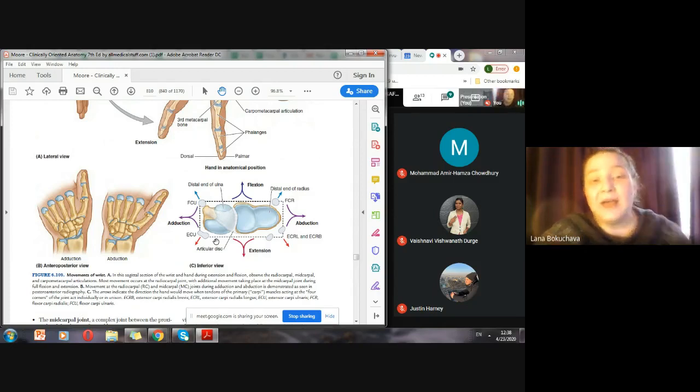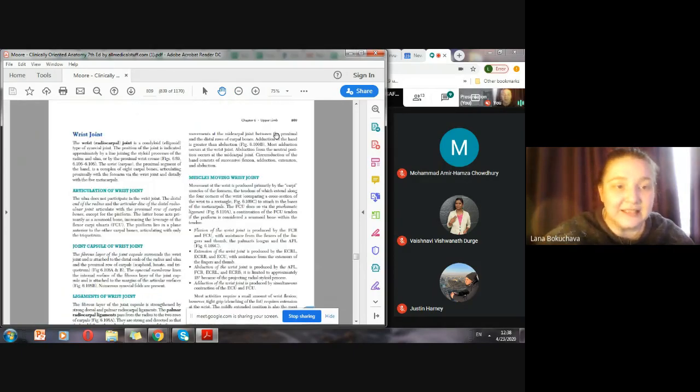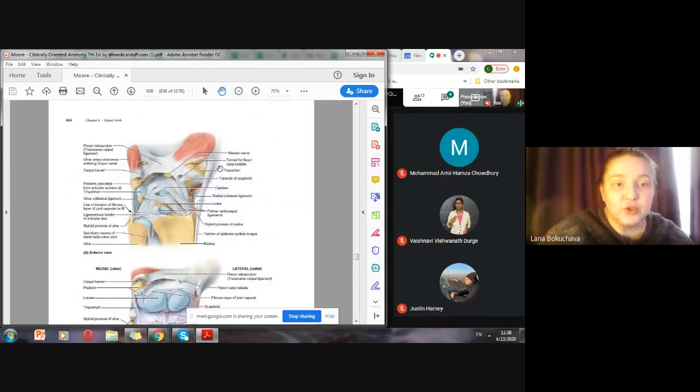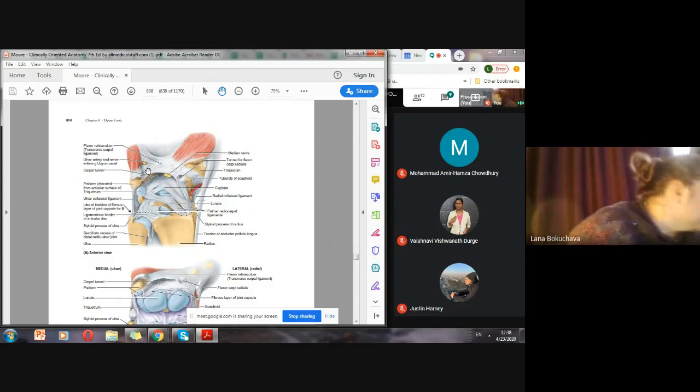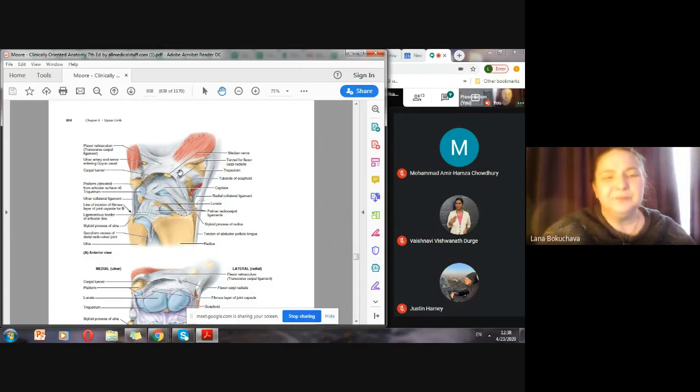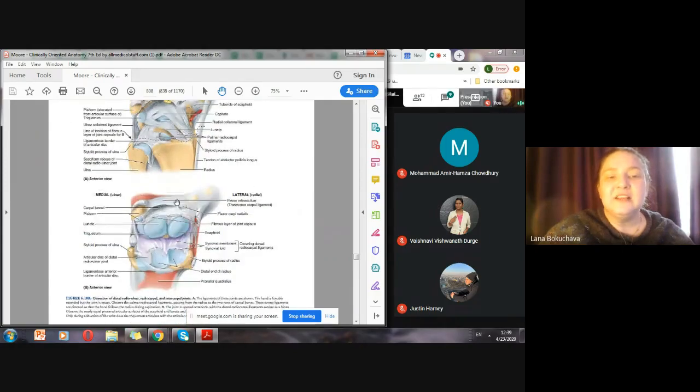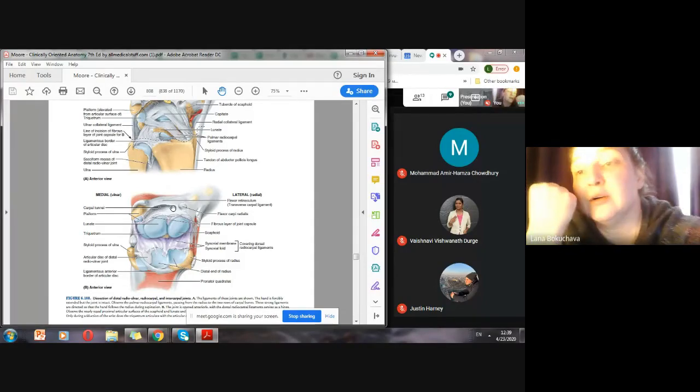And that's why we said we have this flexor retinaculum here, which they showed you. So this is particularly how it looks, or even here. It is like a band, like a bracelet, surrounding the whole portion of the wrist.